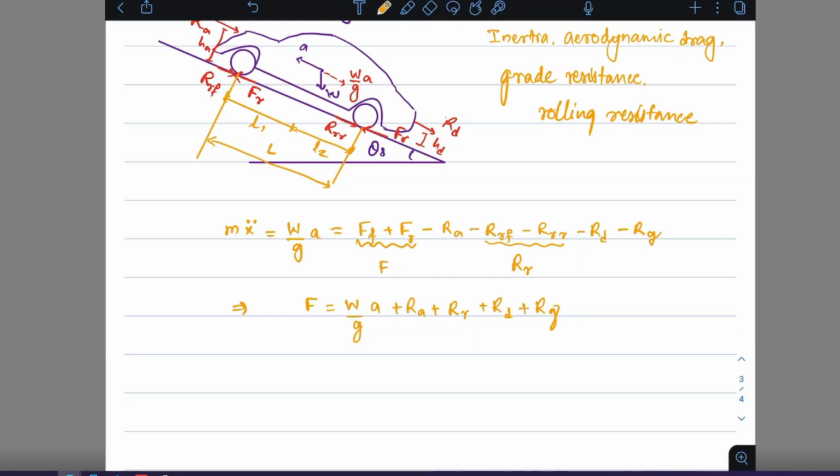Okay, so now what we can do is consider these points and take moment about them.